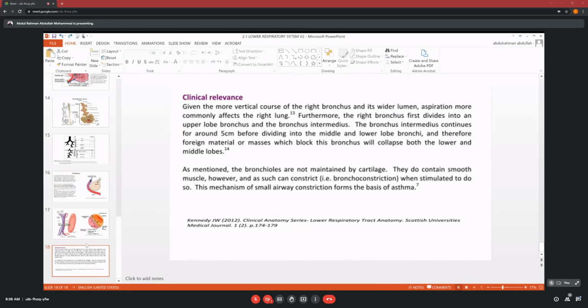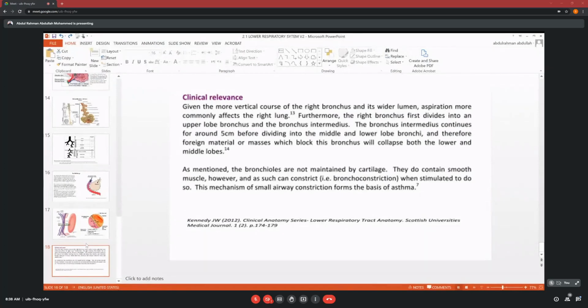Why? Because the right side is wider. We understand, just make common sense: since the right side is bigger, we need a wider bronchus to give more oxygen in comparison to the left side. So it is wider, so it is more prone to aspiration. If there is an aspiration, that will affect the right lung.